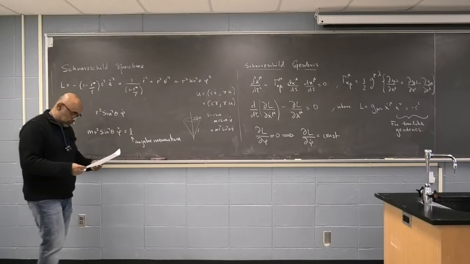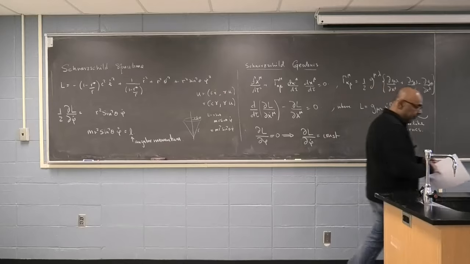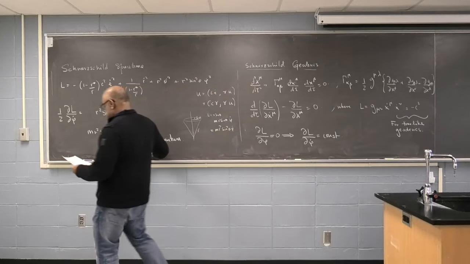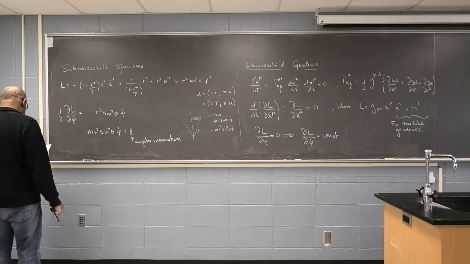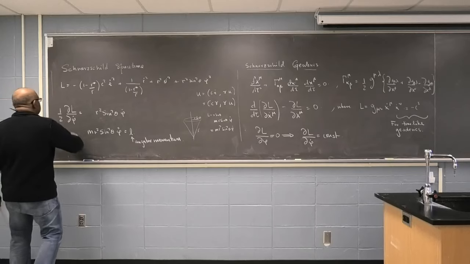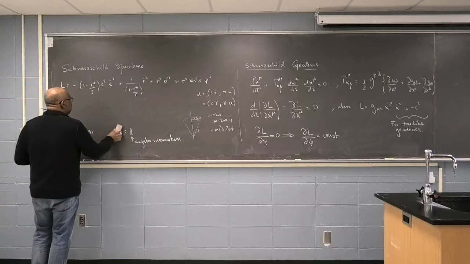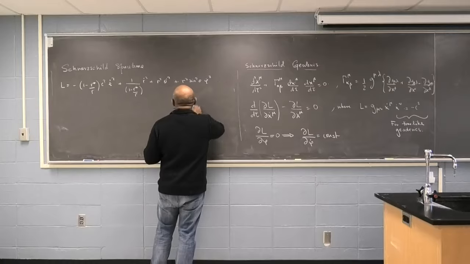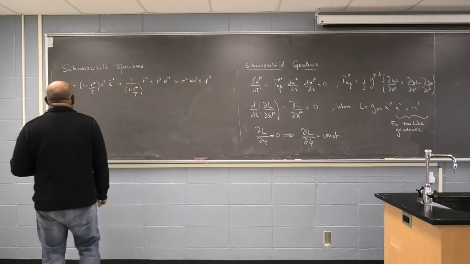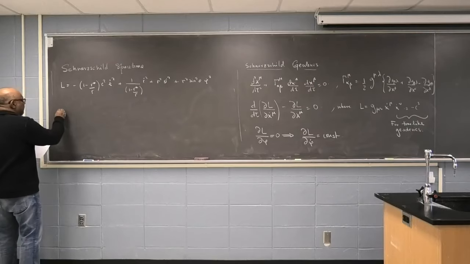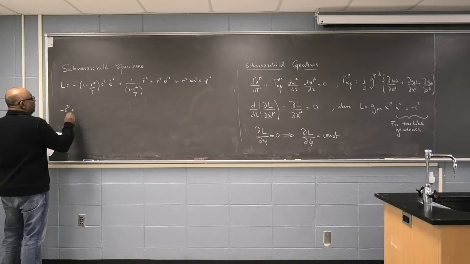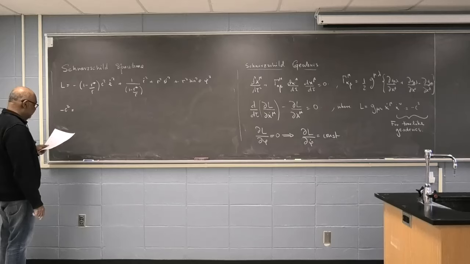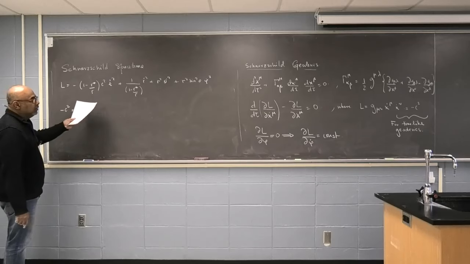And now look at what we have done. We have saved ourselves, our metric can be written in the following way. I've got minus c squared equals, oh gosh, I know what t dot squared is.